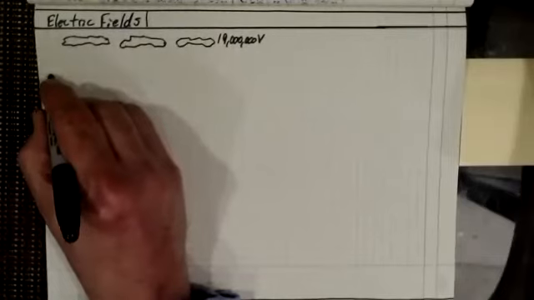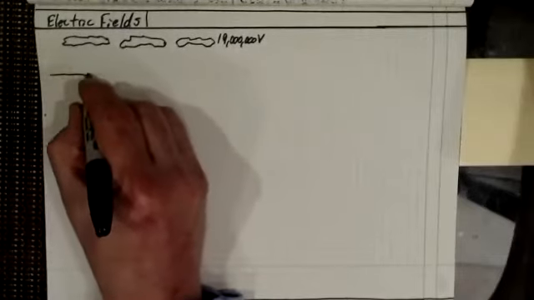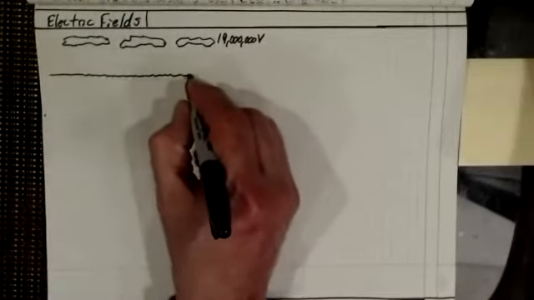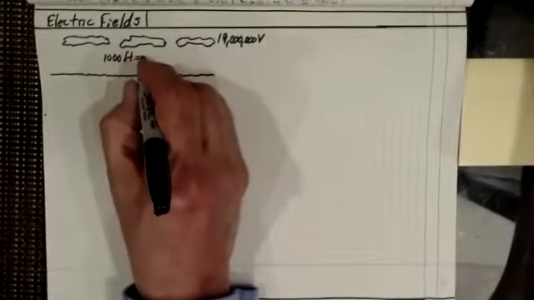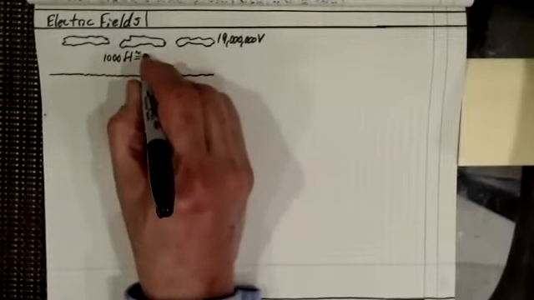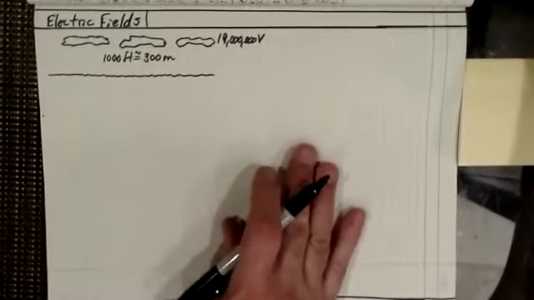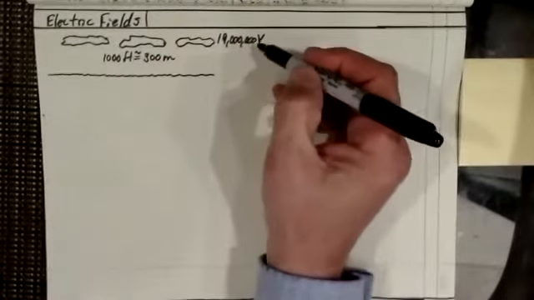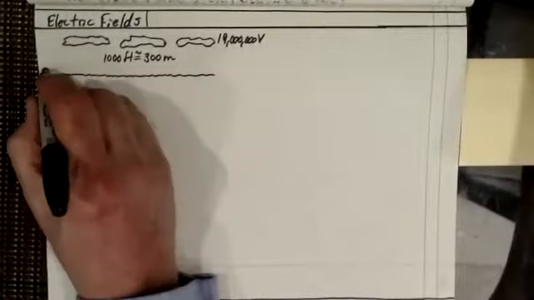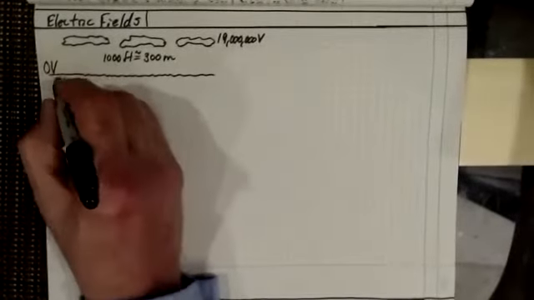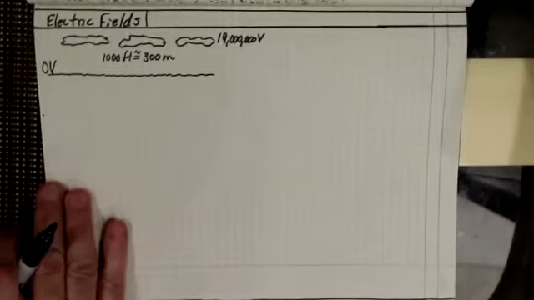So let's say that I had some clouds that were at about 1,000 feet, right? Now, by 1,000 feet, I mean approximately 300 meters. And we know we've got about 19 million volts up there, and we know we've got 0 volts down here on the ground, right?